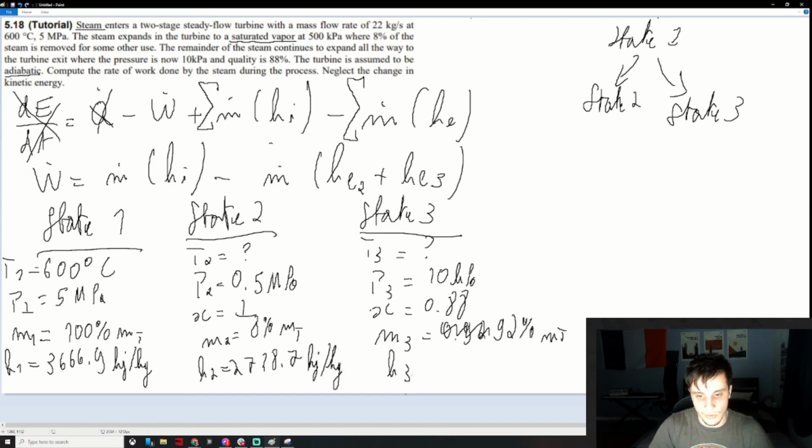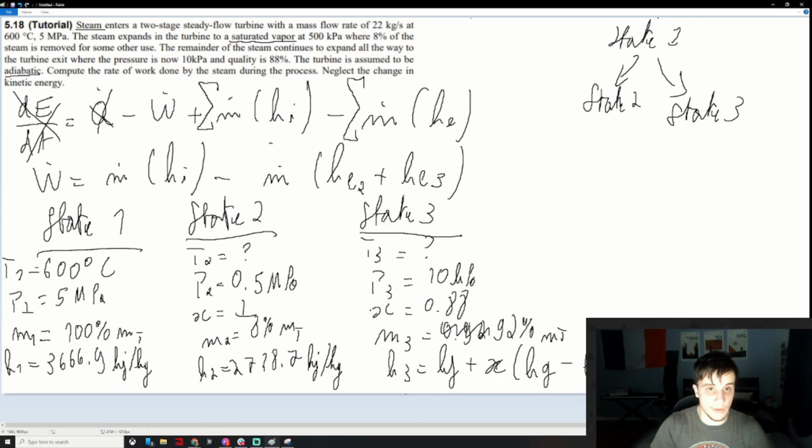And then h3 will be equal to specific enthalpy at the saturated liquid plus quality times specific enthalpy of the saturated vapor minus specific enthalpy of the saturated liquid. It should give you a value of 2296.9 kilojoules per kilogram.